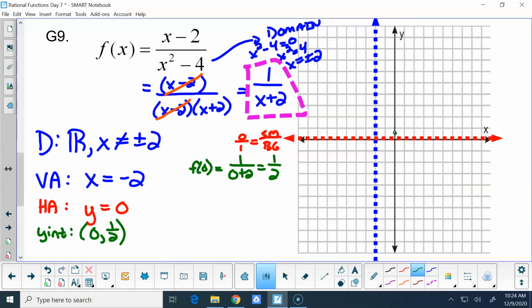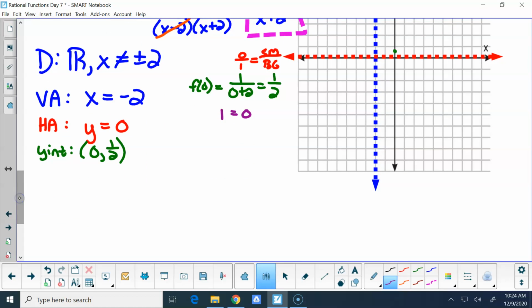My x-intercept: I set the numerator 1 equal to 0. Can 1 ever be equal to 0? Nope. Okay. So there is no x-intercept.